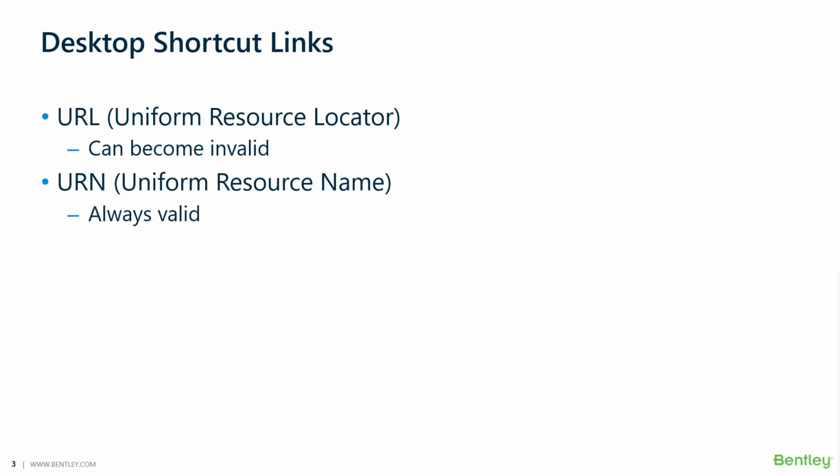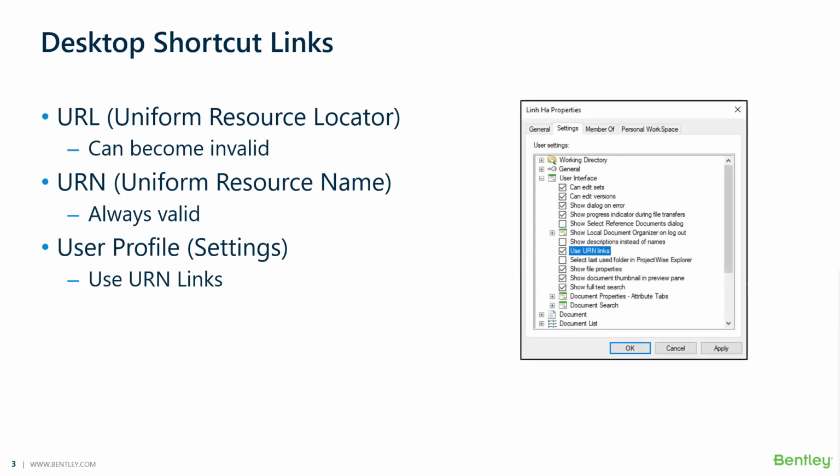When it uses URN to create the desktop shortcut, the link is always valid. But the user setting needs to be enabled to use URN, and it can be found under User Settings, User Interface, and then enable Use URN links.